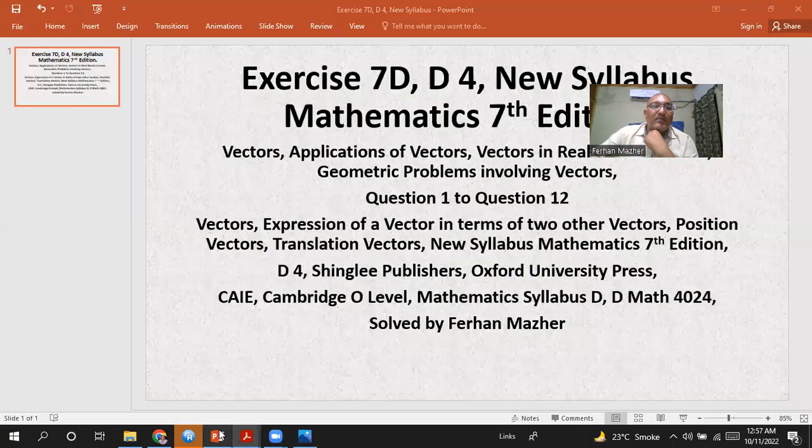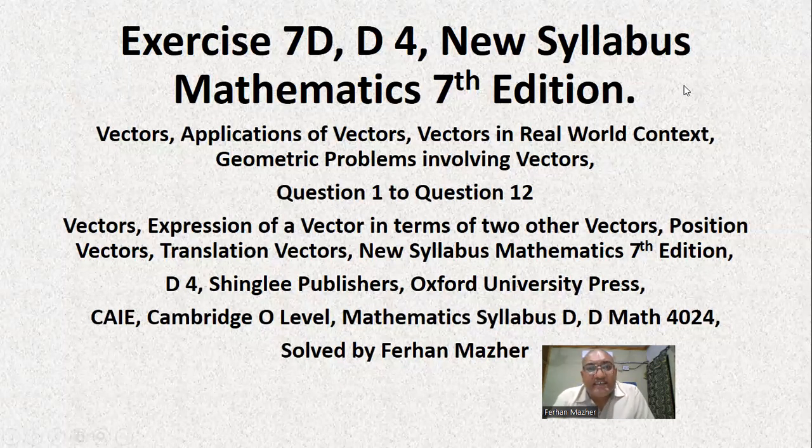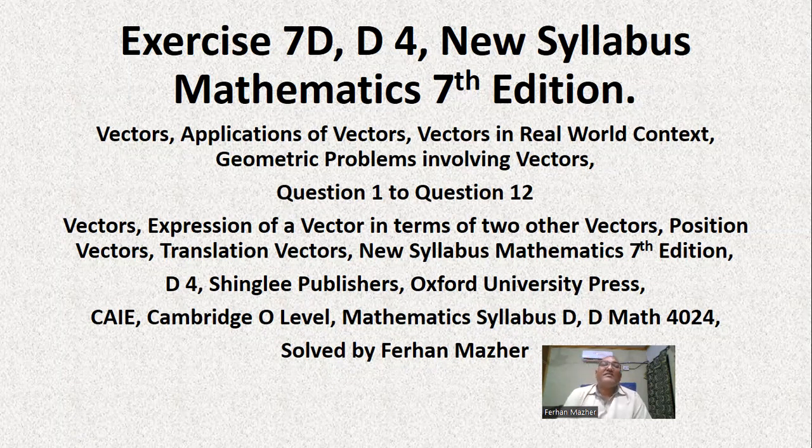So my dear students, this is exercise 7D from the New Syllabus Mathematics 7th edition, published by Oxford University Press. And if you have the 7th edition of the New Syllabus Mathematics of the Shinglee publishers, then the chapter is 5 and it's D exercise.